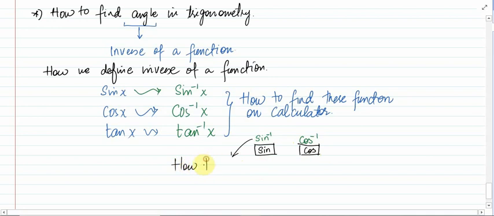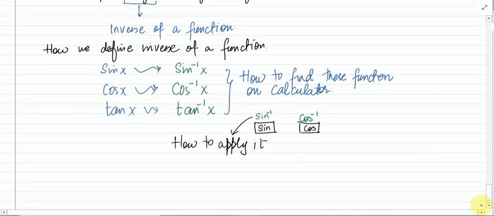Now the next question, how to apply it? How to use this? The answer of this question is press shift. Now shift is on the left side of your calculator.